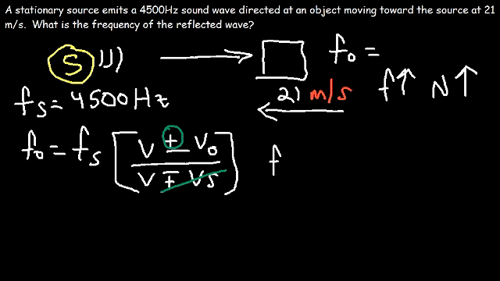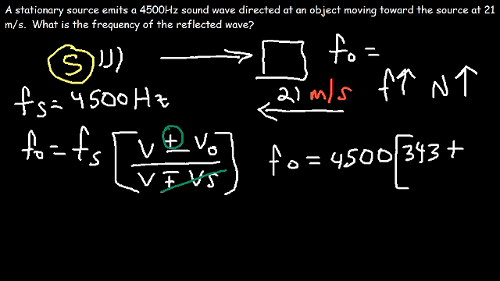So we're looking for Fo. Fs is 4500. The speed of sound is 343 in air, and then plus the speed of the object, which is 21, divided by V. 343 plus 21 is 364, times 4500 divided by 343.